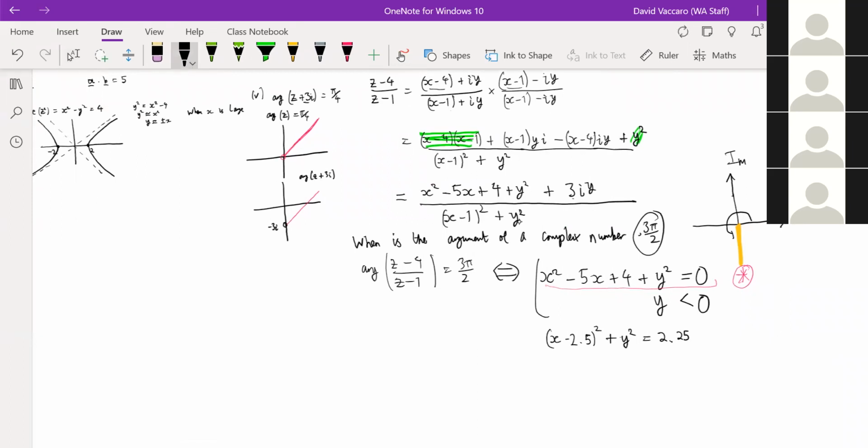And 2.25 is 1.5 squared. So this is, I've just rewritten star.